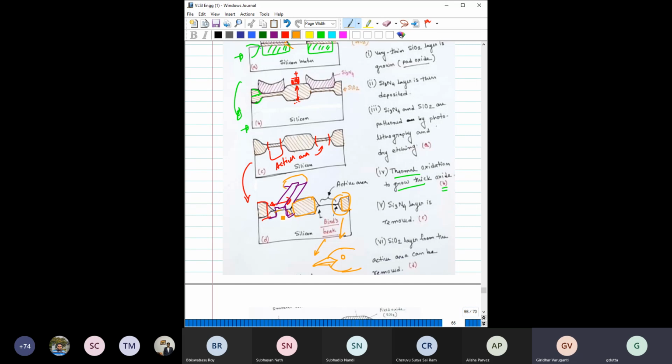Try to think in a 3D model. Then on this side there will be a bird beak, and on this side also. As a result, suppose you made this width 1 micron, effectively that width will reduce compared to that 1 micron because of this bird beak issue.